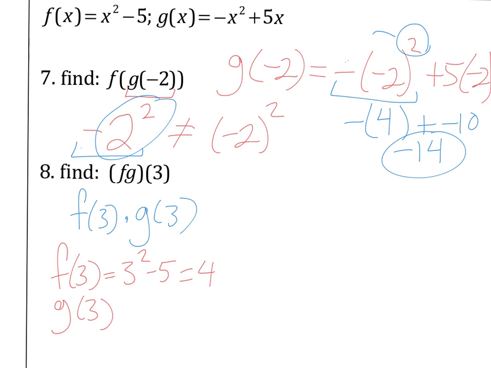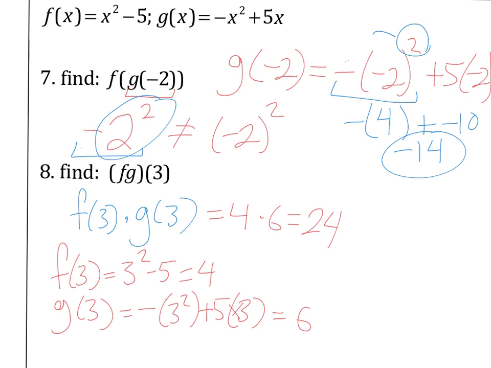G of 3 is going to be negative 3 squared plus 5x, or negative 9 plus 5 times 3. Negative 9 plus 15 is going to be 6. 4 times 6 is 24.